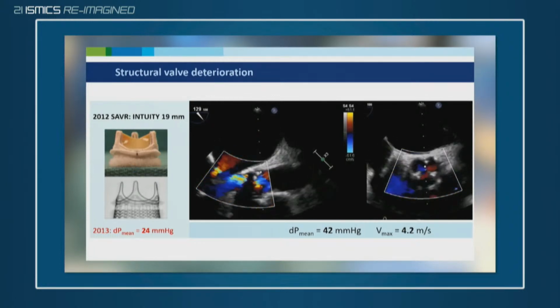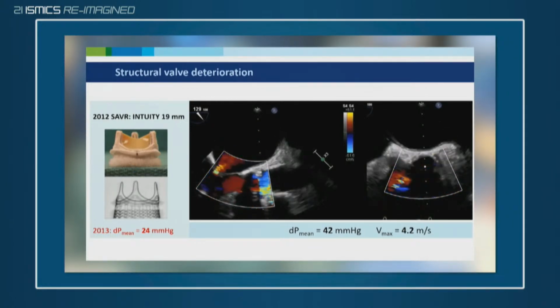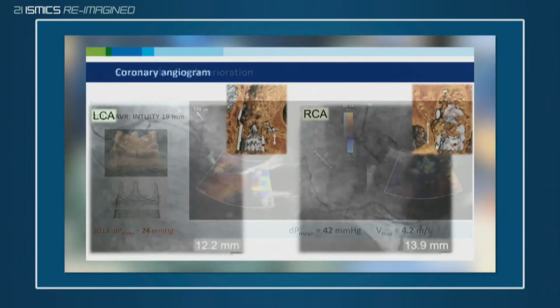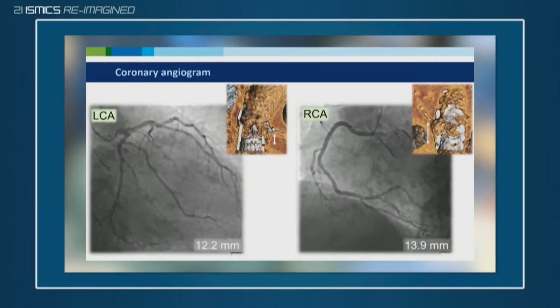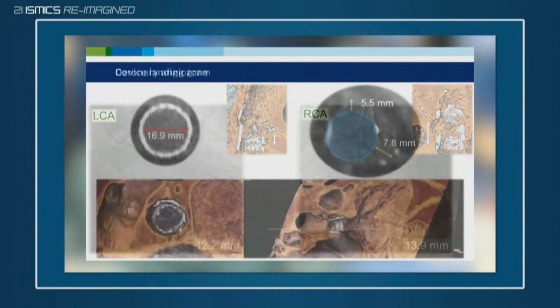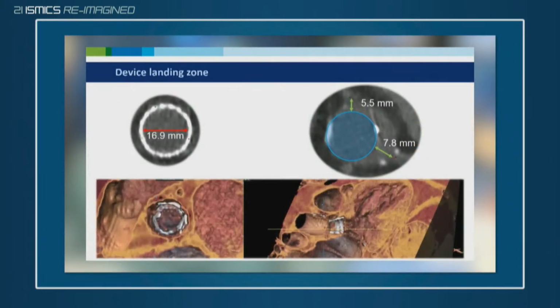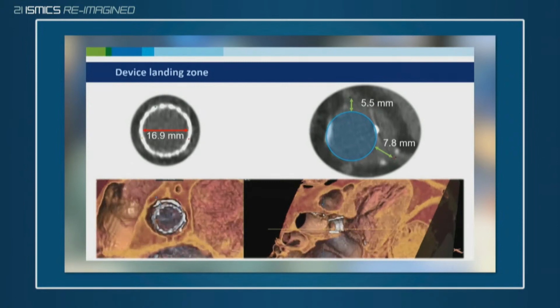Since 2 months after the initial surgery in 2012, she presented already with a mean valvular gradient of 24 millimeters of mercury. Looking at the coronaries, we have no coronary artery disease, no stenosis, so everything looks good. Regarding device landing zones, the inner diameter of the prosthesis was measured to be 16.9 millimeters.